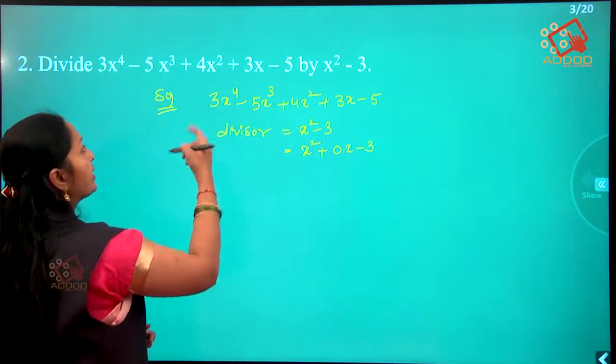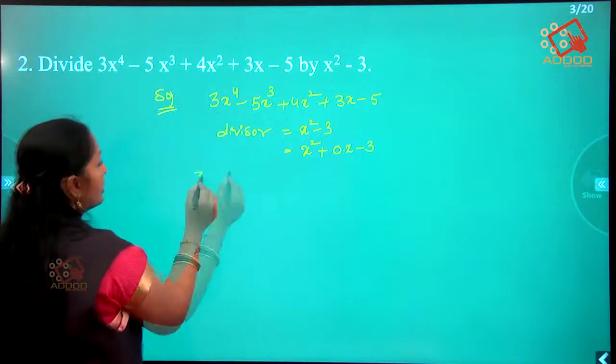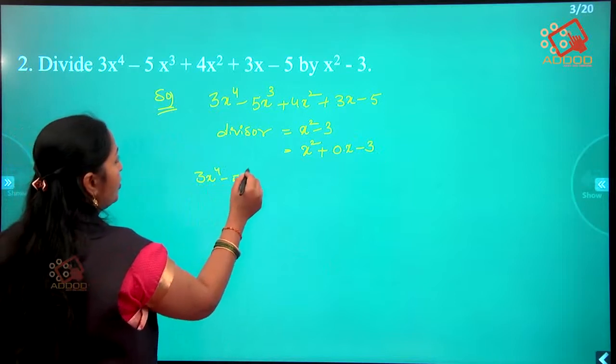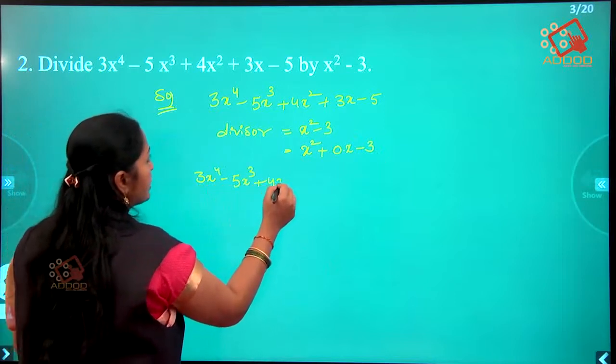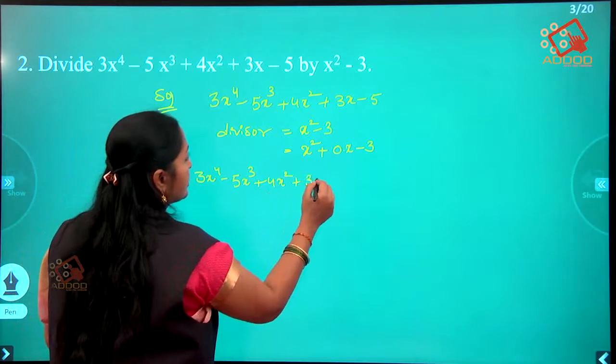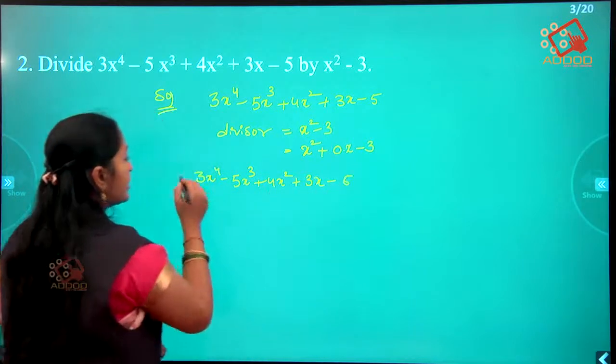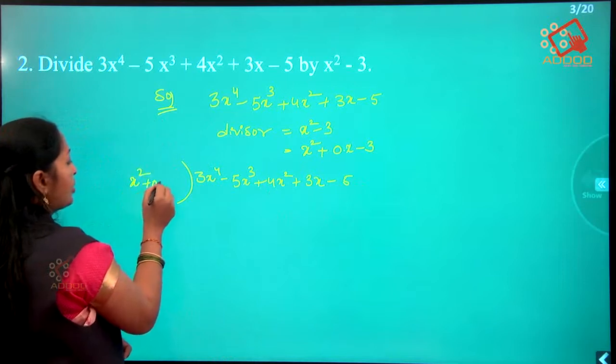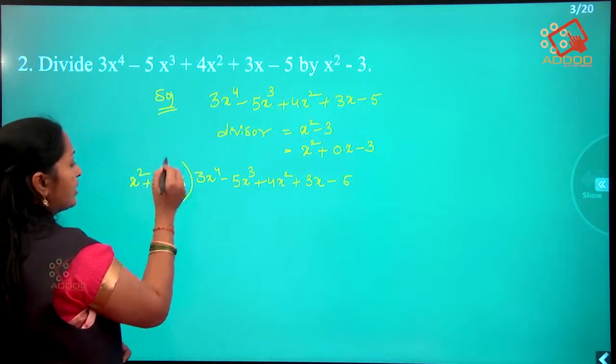Then take the division part. 3x power 4 minus 5x cube plus 4x square plus 3x minus 5 is the dividend. The divisor is x square plus 0 into x minus 3.